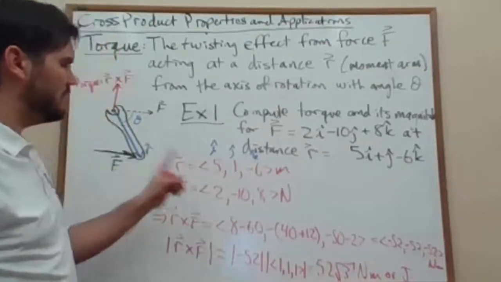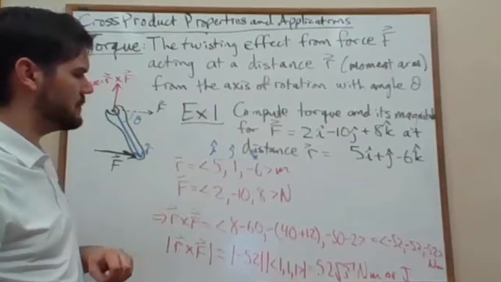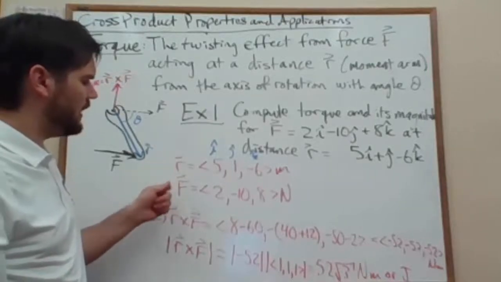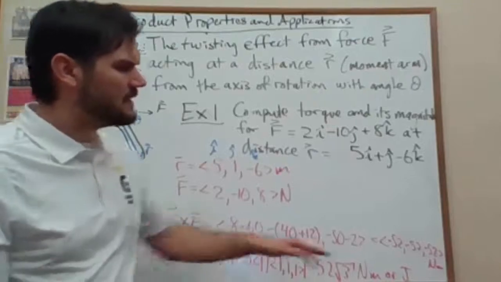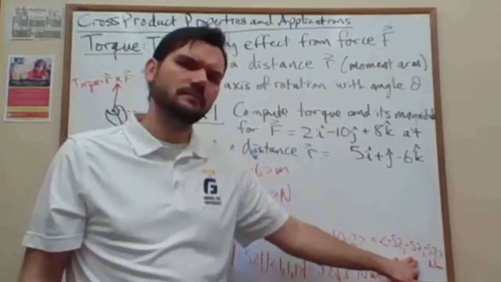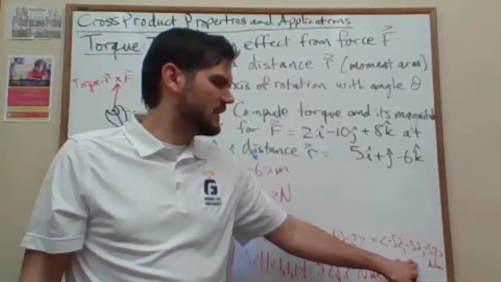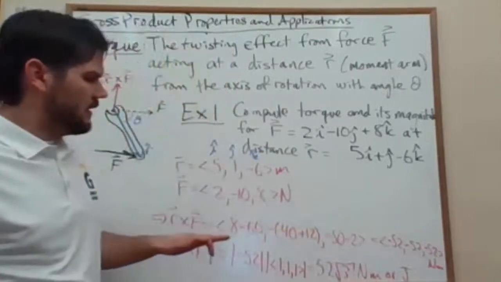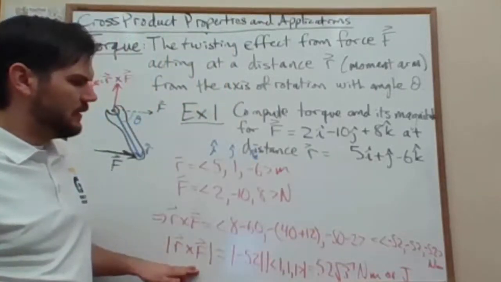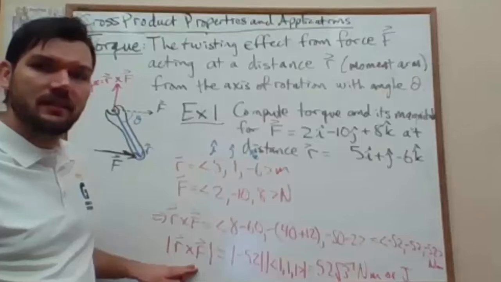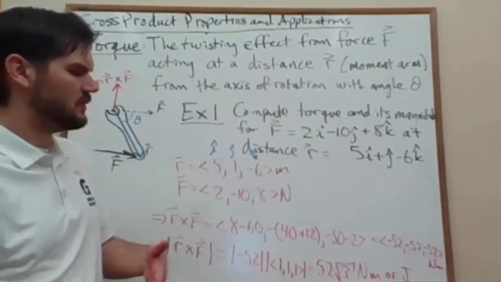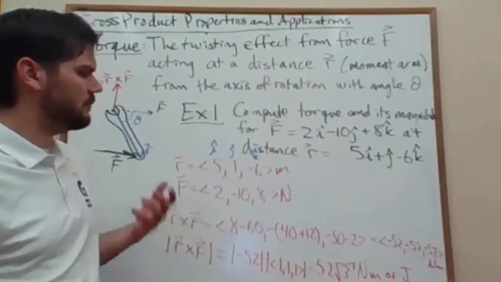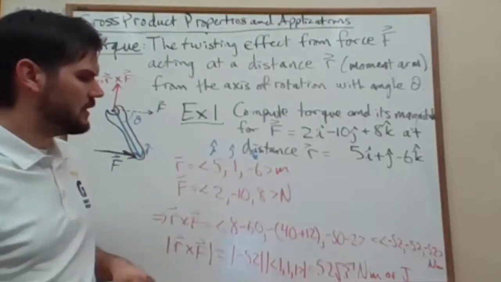Okay, so what else do we want to glean from this piece? We have the moment arm, we have the force, we computed the torque. The torque itself was interesting, but we gravitated towards the magnitude because that tells us how large of a twisting energy we're getting from applying force.